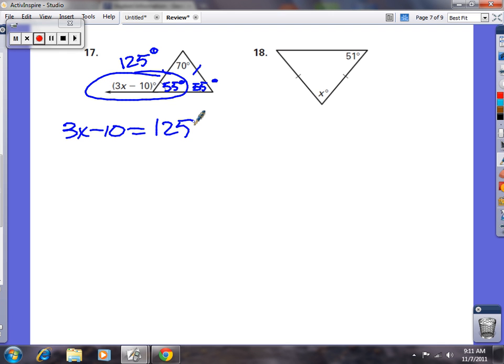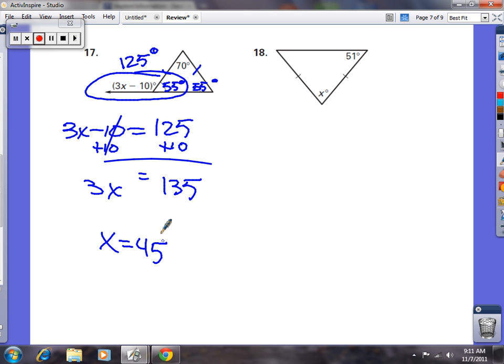So now 3 times what, take away 10, is 125? Tony, what do you want to do? Do you want to undo the times 3 or the minus 10? How? So plus 10. What's 125 plus 10? So 3 times what number is 135? 45? So x equals 45 and you are done.